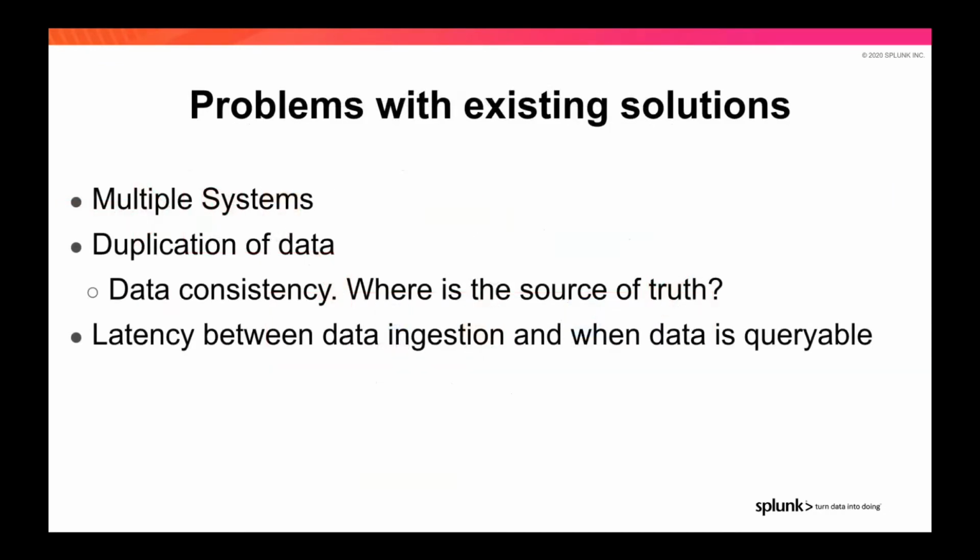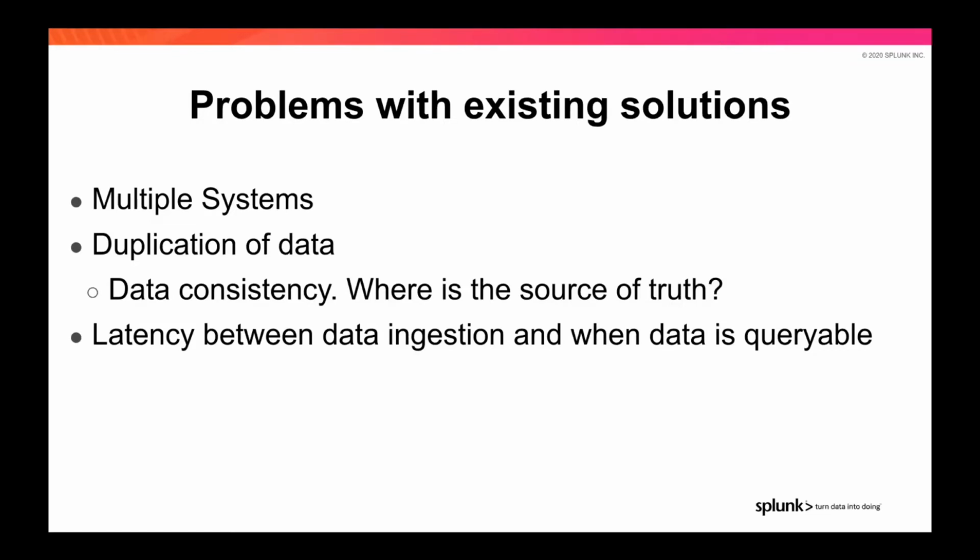So just to identify some of the complexities and problems with the existing solution, right? As many people can see, there are multiple systems in play when implementing such a workflow. It's not necessarily a bad thing, but there's definitely a lot more overhead in terms of management of those various systems, as well as acquiring the expertise to deploy and manage those systems in production, right?